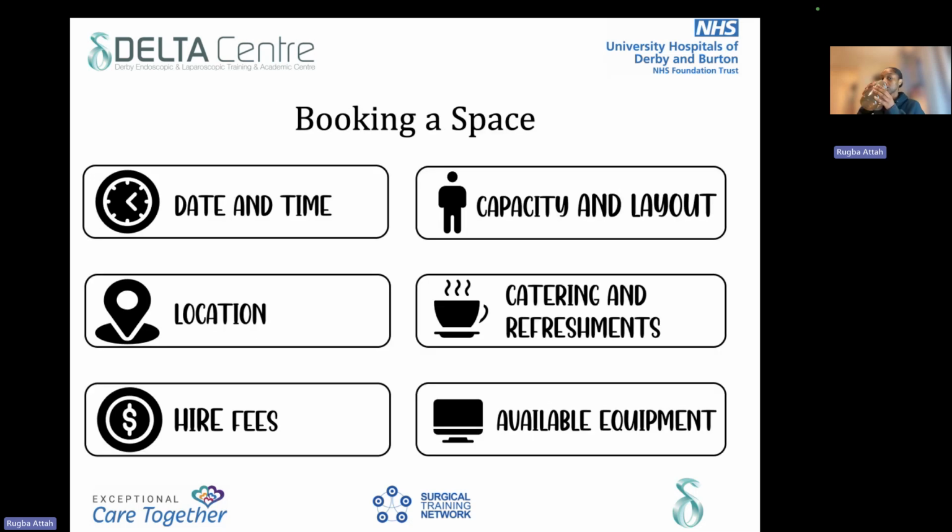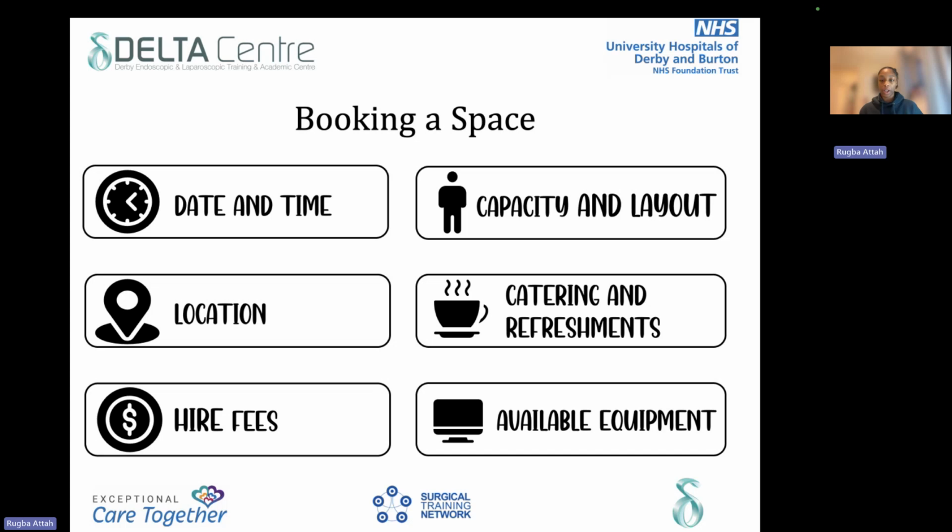So booking a space, six key things to consider. The first is setting the date and time nice and early. When choosing your location, think about accessibility, the proximity to public transport, so buses and train stations. Is there parking available?